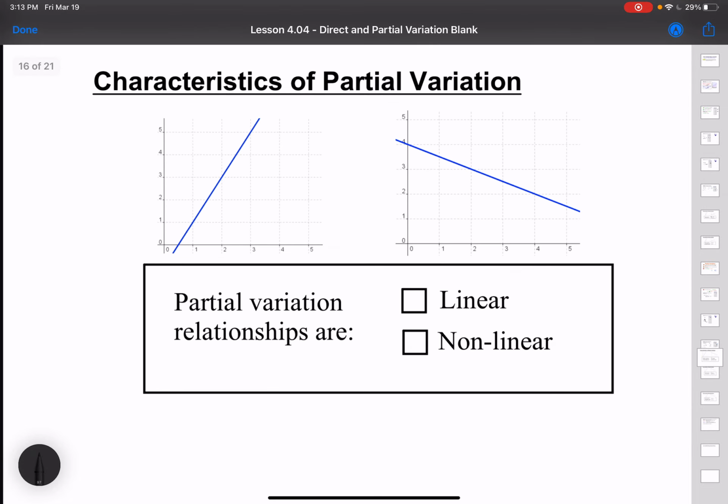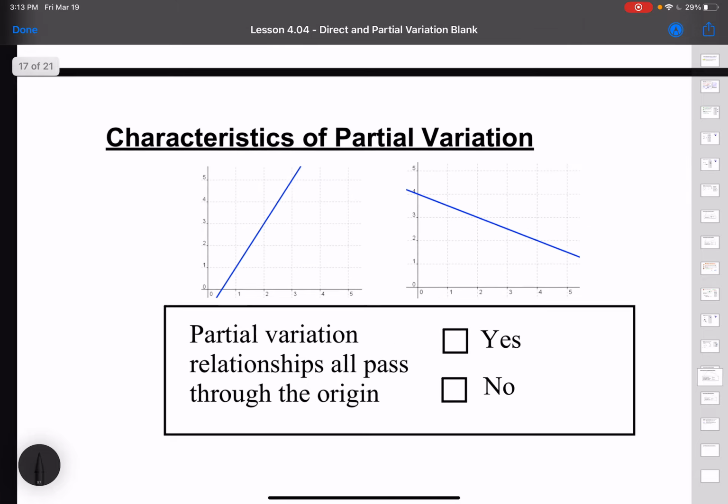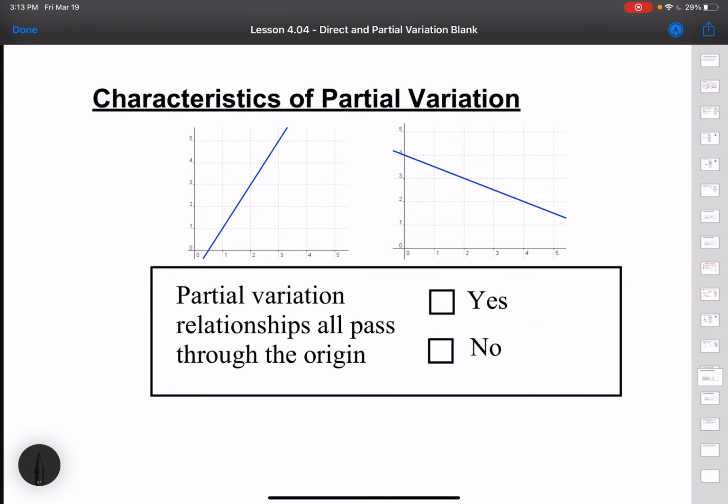Okay, so again, let's look at some characteristics of partial variation. So there's a couple of graphs. Partial variation relationships are, again, linear. So you can get that down in your notes as well. And another characteristic: partial variation relationships all pass through the origin.